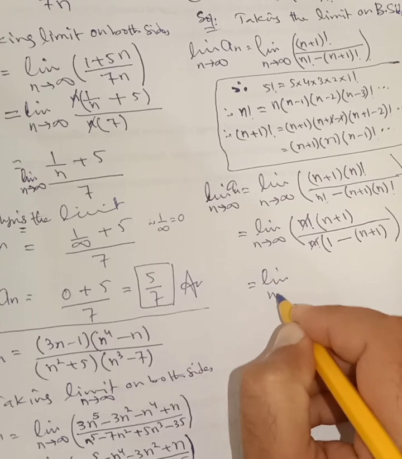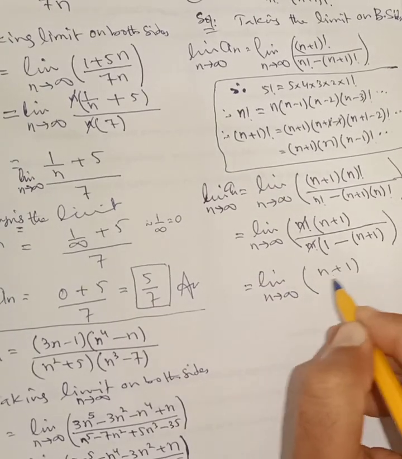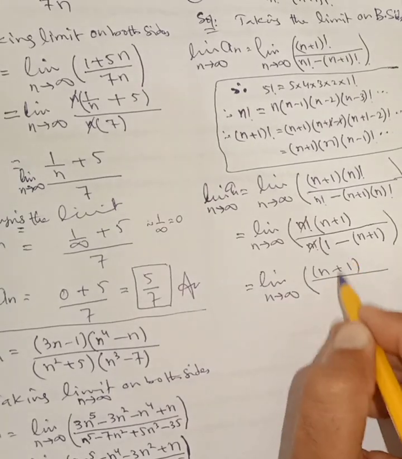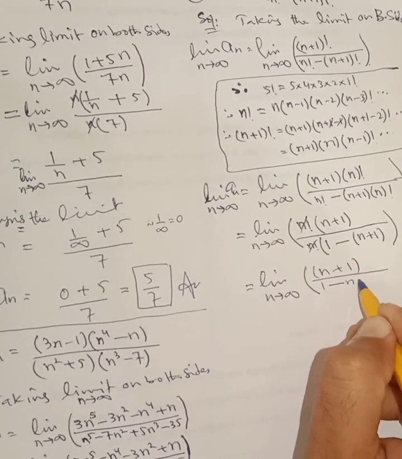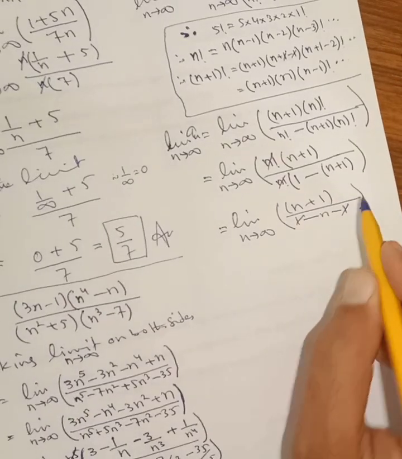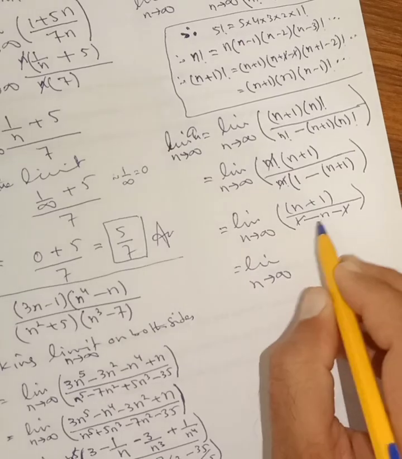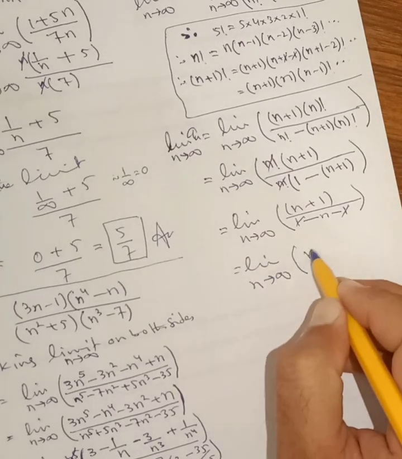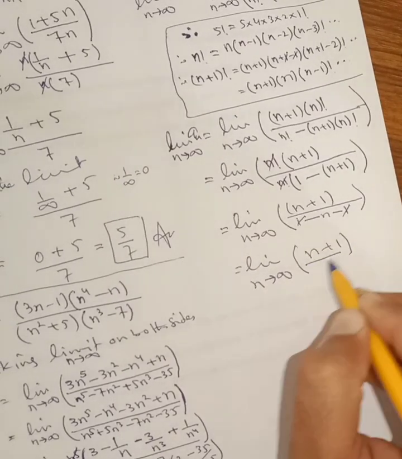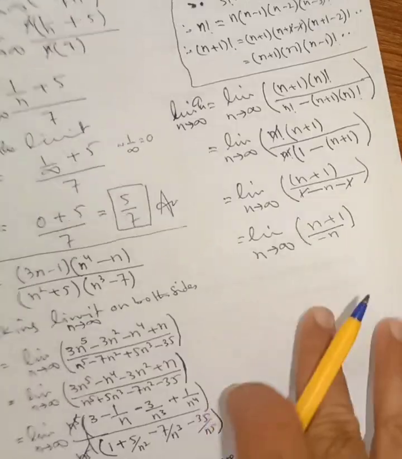Limit n tends to infinity. Now we are left with n plus 1 over 1 minus n minus 1. This plus 1 minus 1 has been cancelled. So we have limit n tends to infinity of (n plus 1) over minus n.